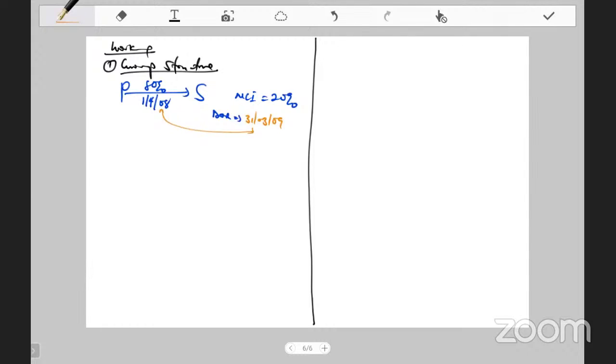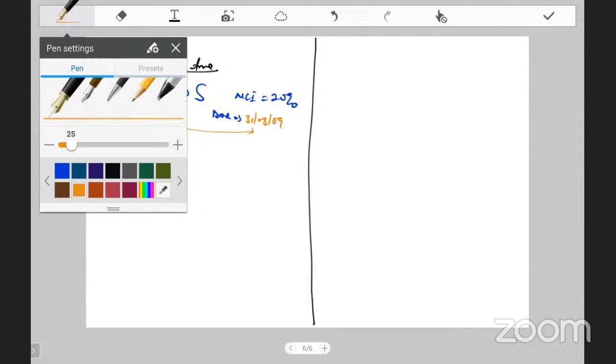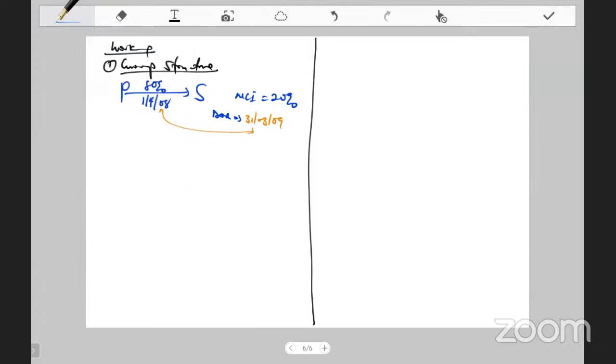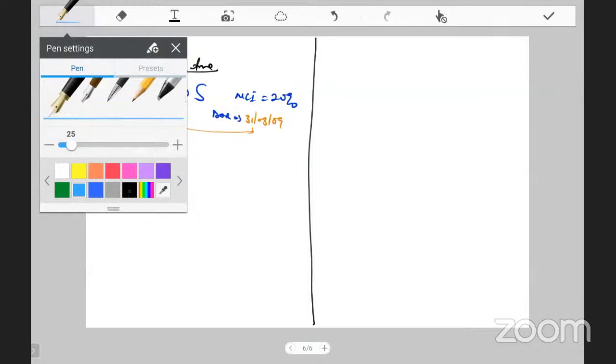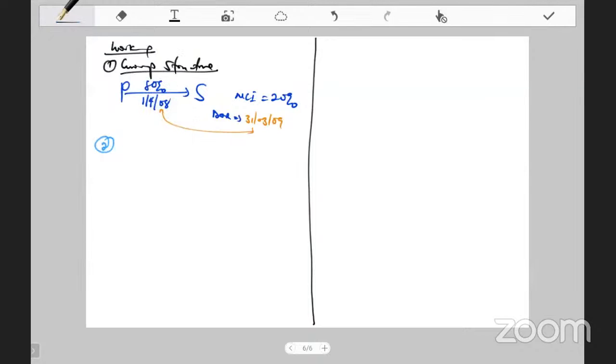Let's go on to the next additional information that we need. Class, what will be my next additional information? My next additional information is going to be my determination of net asset of subsidiary.